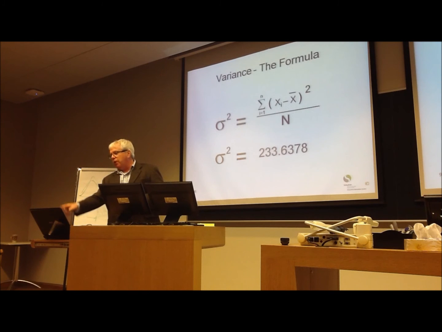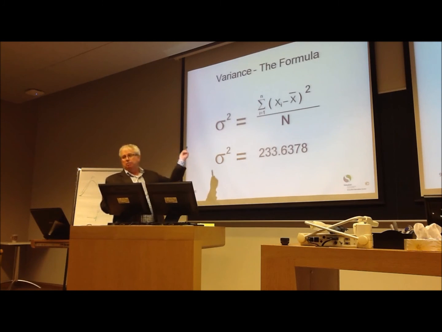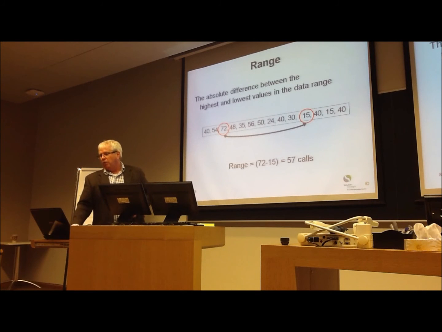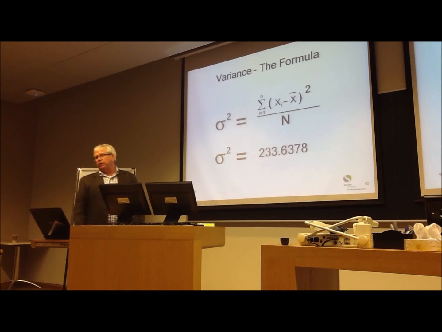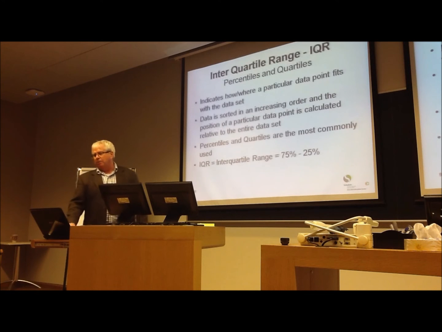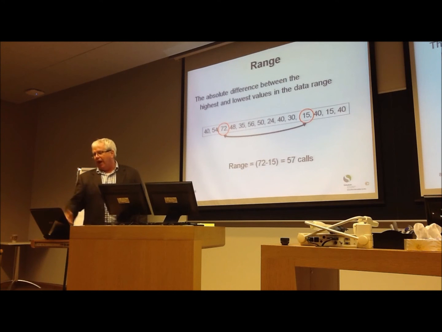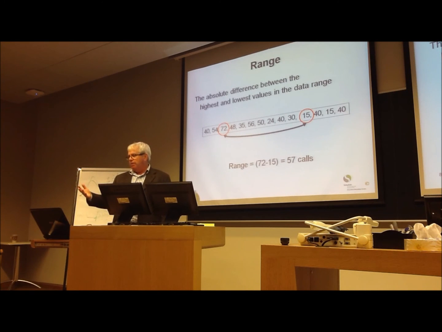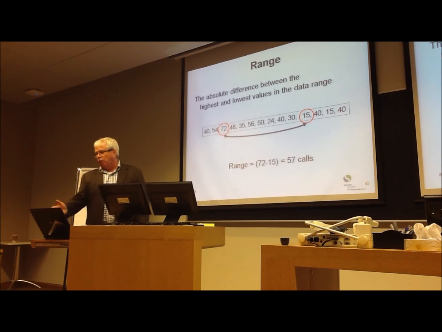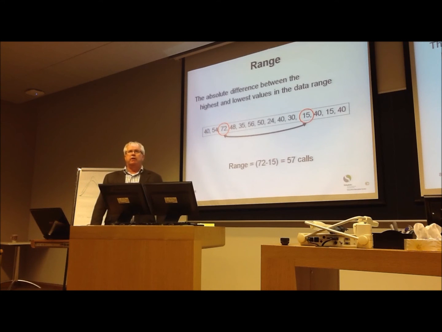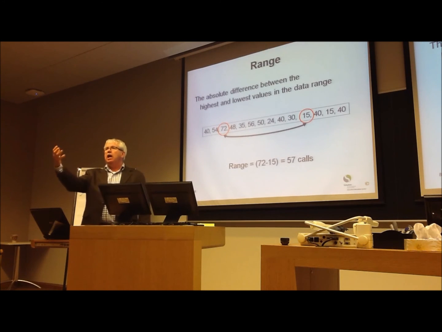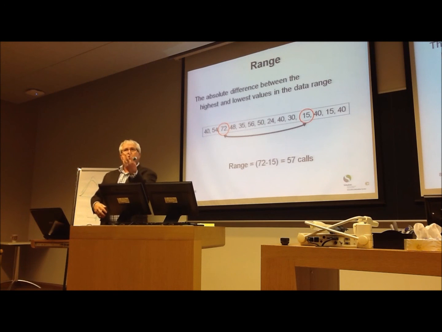So for instance, if we were able to take this funky formula and apply it to these numbers right here, we would find that the variance of this set of data is 233.6. Which is a kind of an abstract number when you think about it, because if I said to the person that's running the call center, your average number of calls is, say, 40, with a variance of 233. 233 is not the same unit of measure as number of calls.